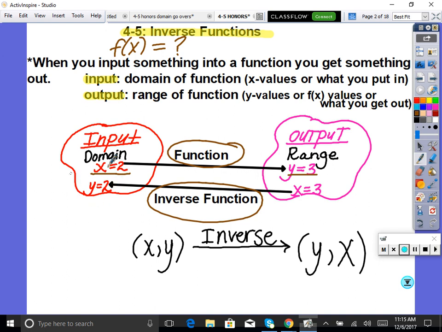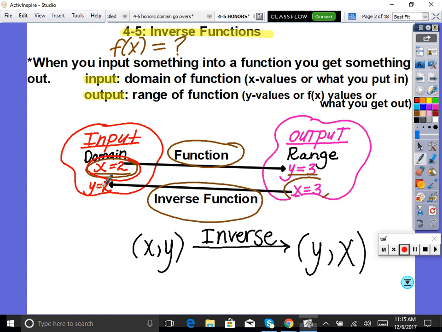So what I want you to notice, guys, between the function and the inverse, do you see how the original function's domain will be equivalent to the inverse function's range? Let me say that one more time. That didn't work out what I was meaning. Sorry. So what we did was we plugged in 2 and got out 3, everybody. Well, then we can plug in 3 as x, and we will get out 2.